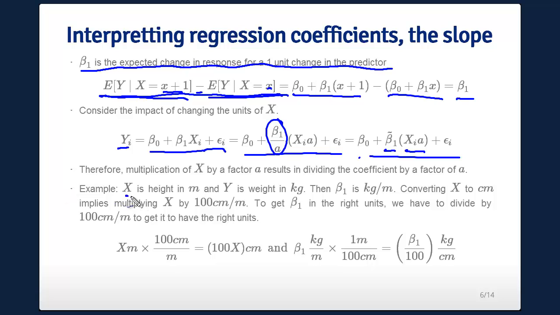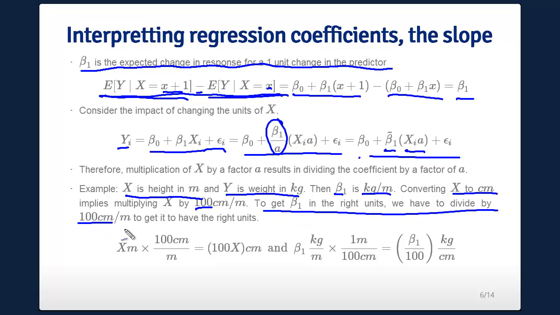As an example, if x is height in meters and y is weight in kilograms, then beta 1, which is a slope, has to be in units of y per unit of x, so kilograms per meter. Converting x to centimeters implies multiplying x by 100, and then to get beta 1 in the right units, we have to divide it by 100.